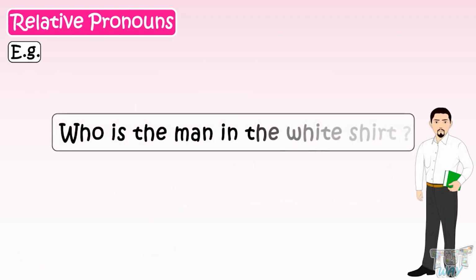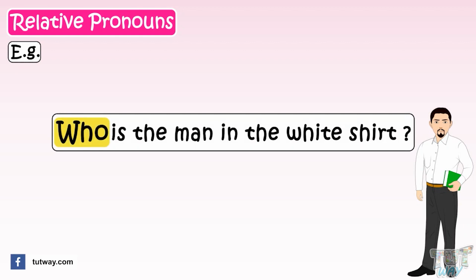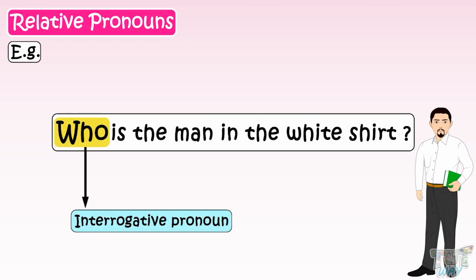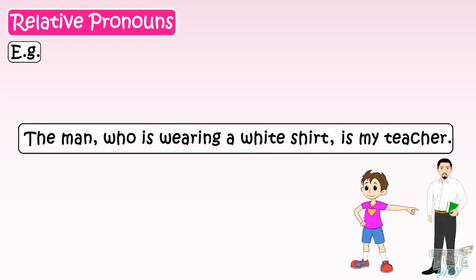Who is the man in the white shirt? In this sentence, the pronoun who is an interrogative pronoun as it is being used to ask a question. The man who is wearing a white shirt is my teacher.